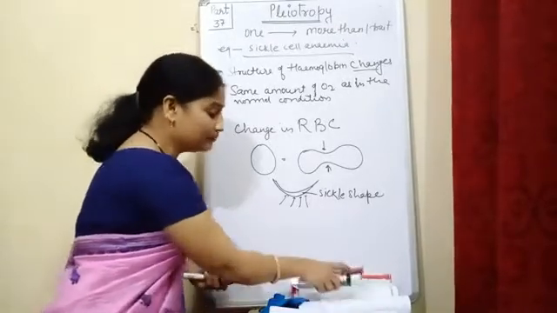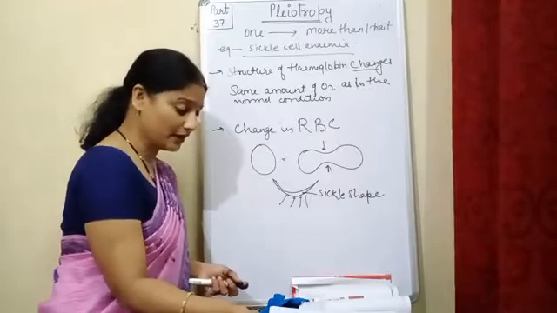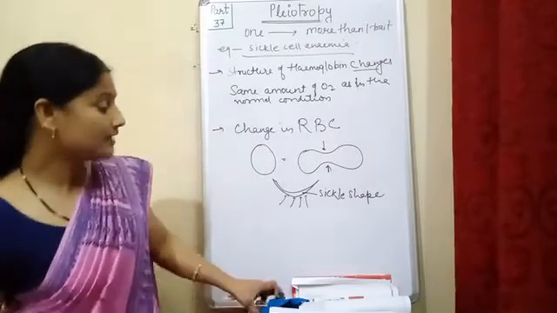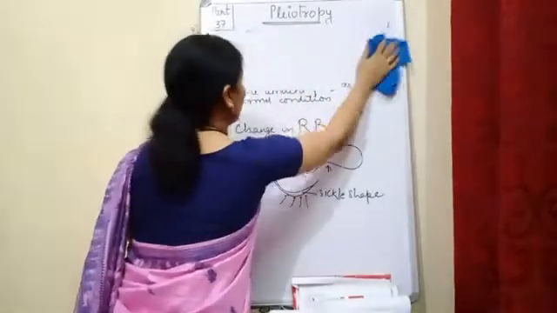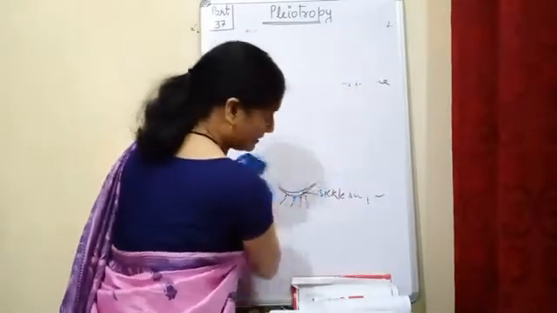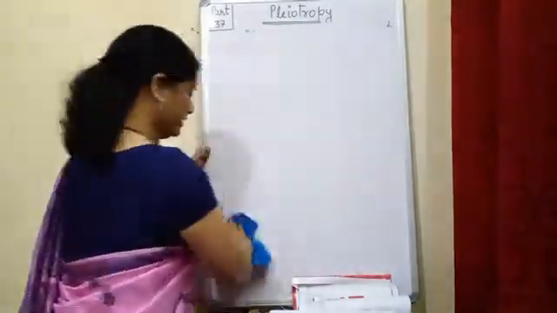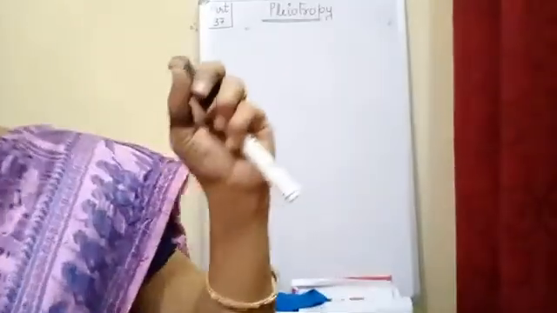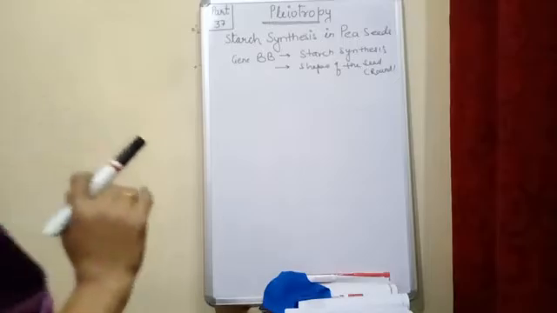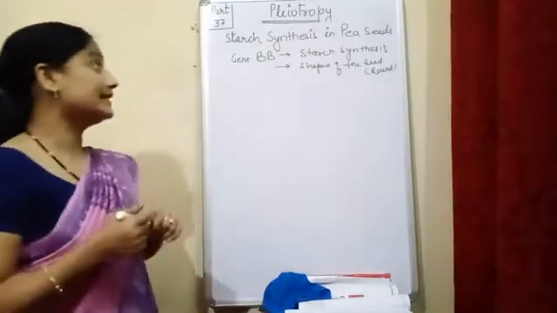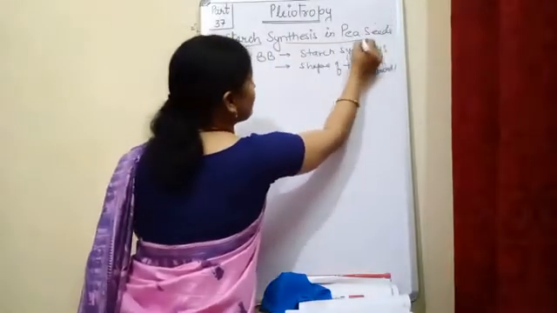One more example in case of pleiotropy is starch synthesis in pea seeds. Now see, second example is starch synthesis in pea seeds.